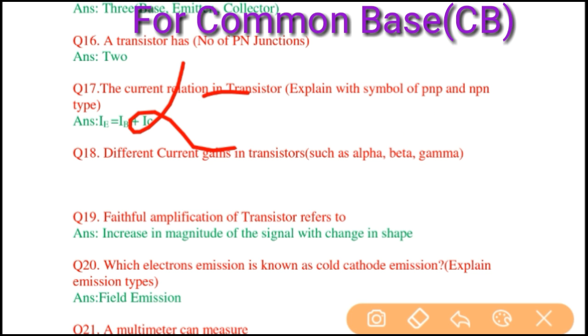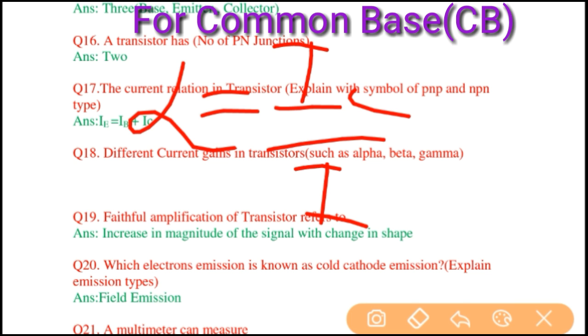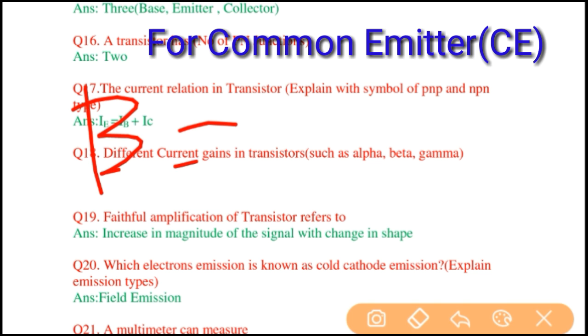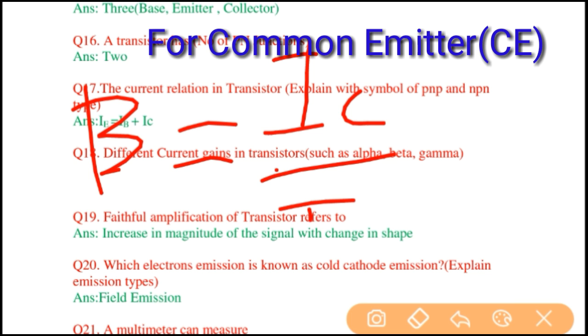Alpha equals IC divided by IE. That is the current ratio between collector current and emitter current. Similarly, beta equals the ratio between IC, that is collector current, to IB, that is base current.